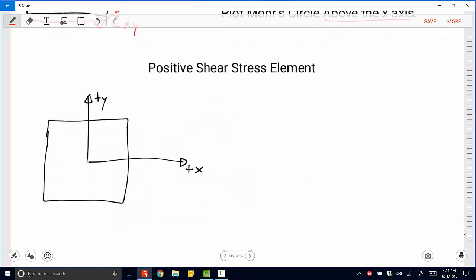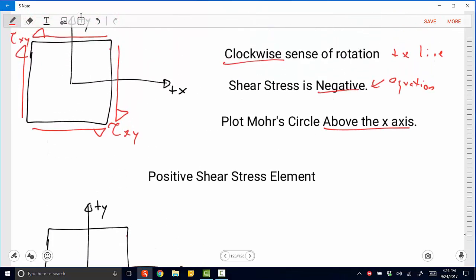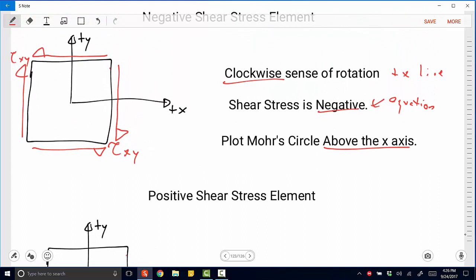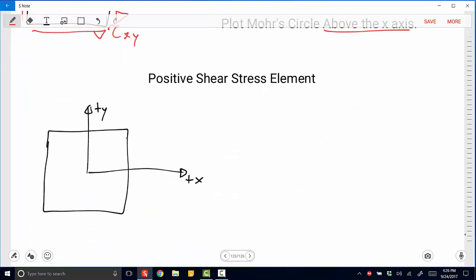Let's start fresh. In our previous example, we started with our plus x line and drew the arrow downwards. Here, let's do the opposite. Draw our arrow upwards, tau xy. Now, in order to maintain a balance on the negative x line, our arrow needs to go downwards.